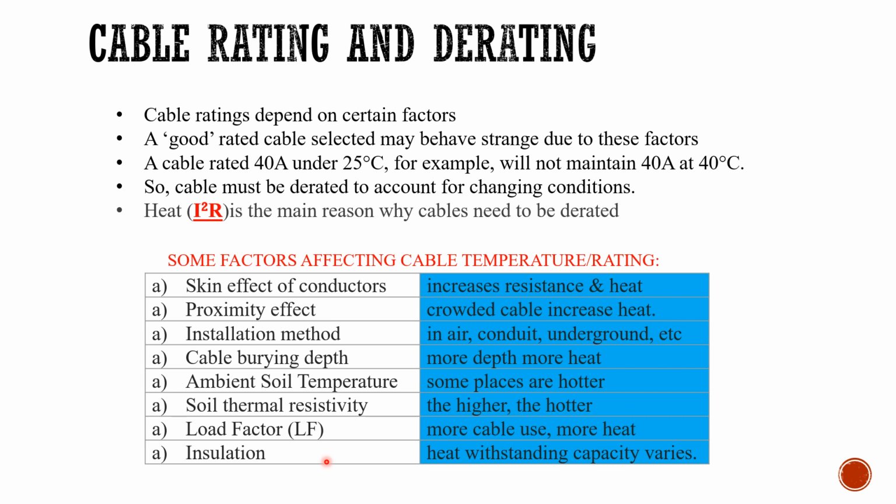As we saw in previous videos, the insulation types are not the same. Some insulation withstands heat more than others. So if the insulation of the conductor you selected does not support a certain amount of heat, maybe you need to derate the conductor so that the current carrying capacity will go down, and therefore reduce the heat.